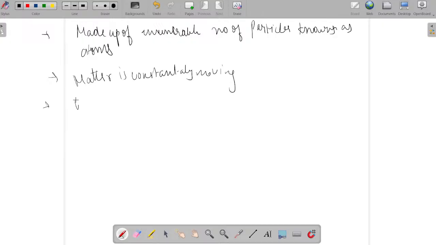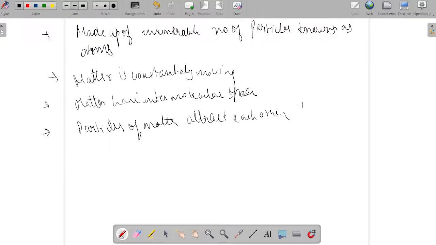And particles of matter attract each other.